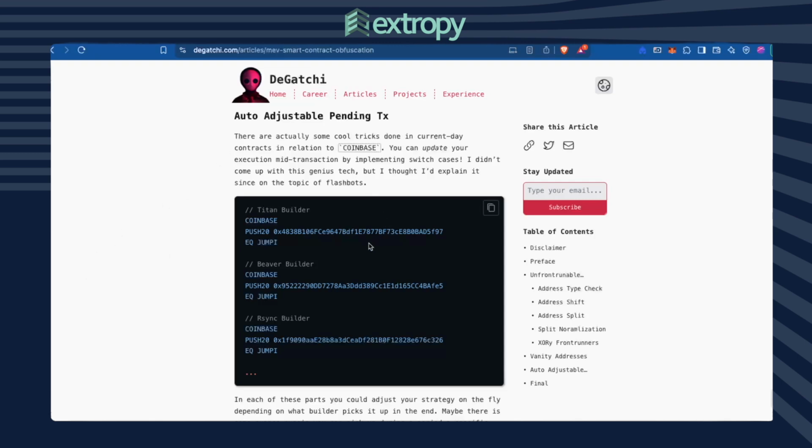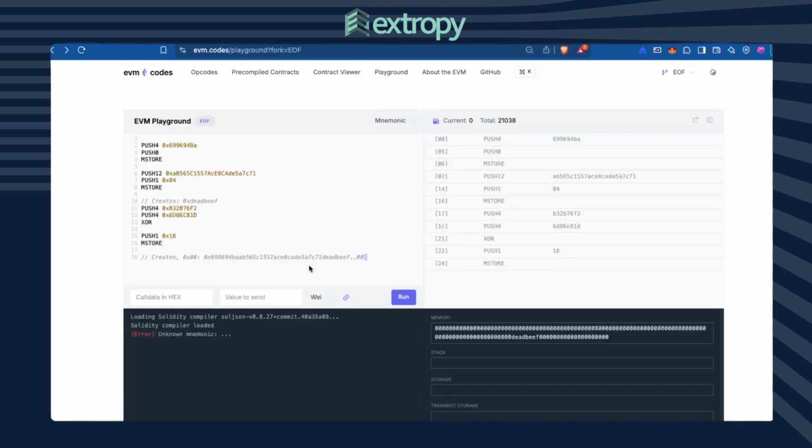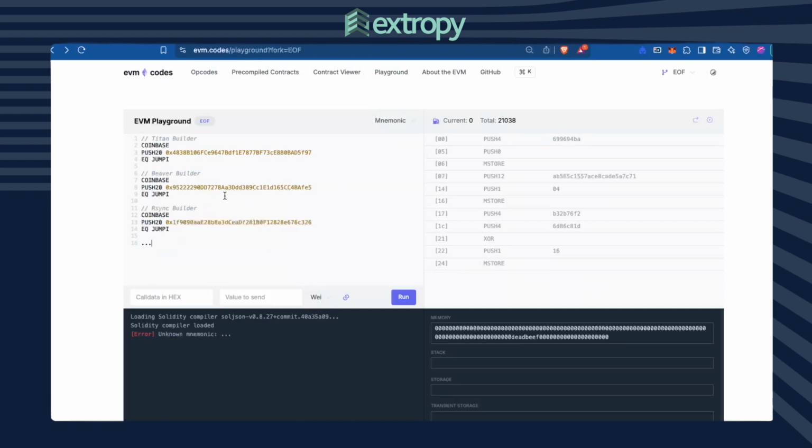This is quite clever. I haven't gone through this exactly. Well, no, I do get what this is doing. I think this is quite clever. So let me try and explain it to you. What he's trying to do again is to really obfuscate what's going on with the bytecode and the transaction.